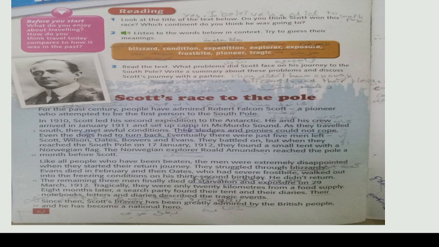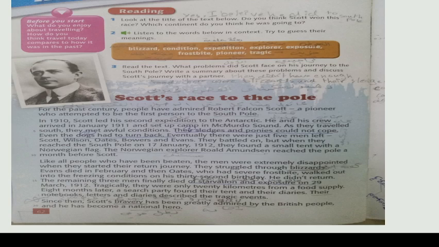They found a small tent with a Norwegian flag. The Norwegian explorer Roald Amundsen reached the pole a month before Scott.